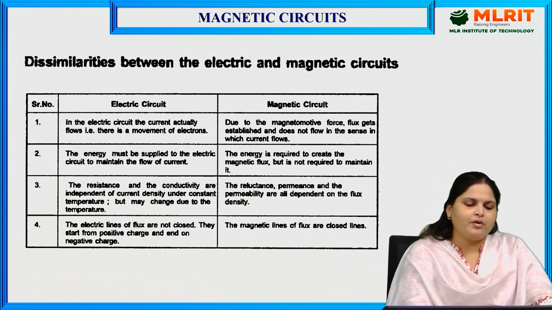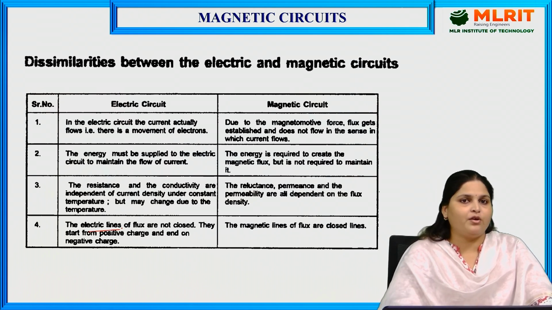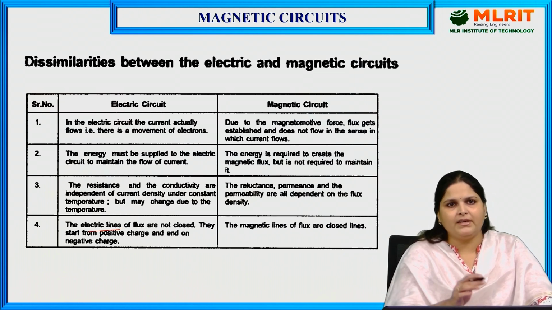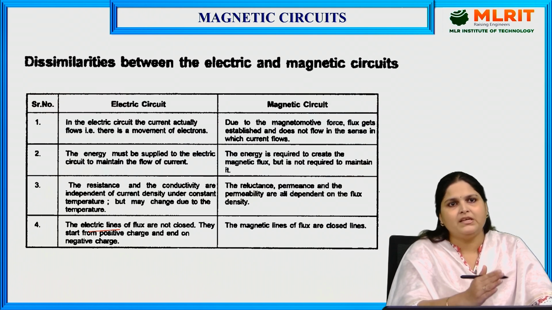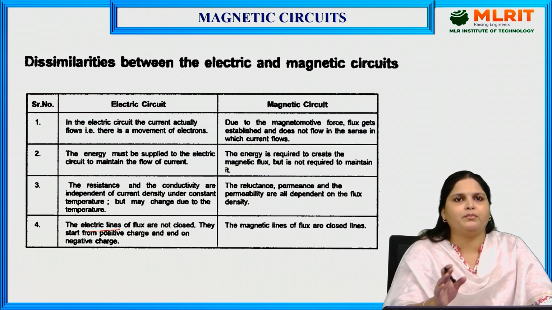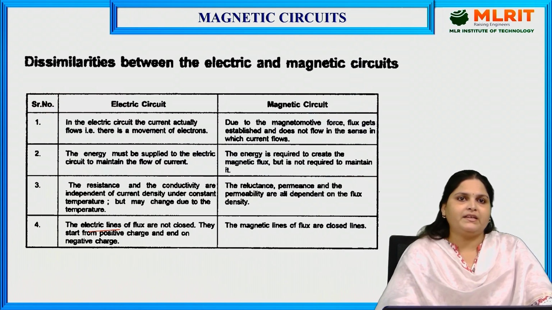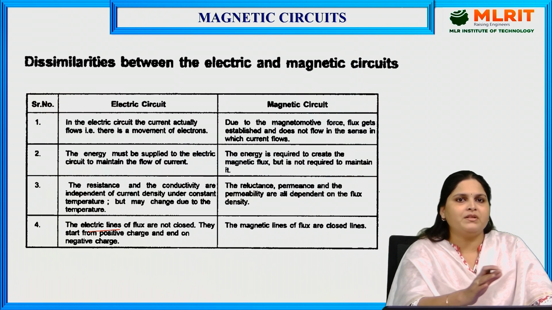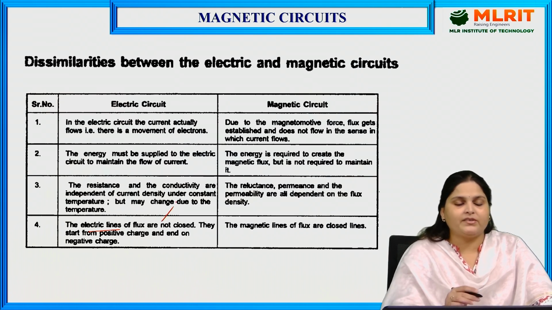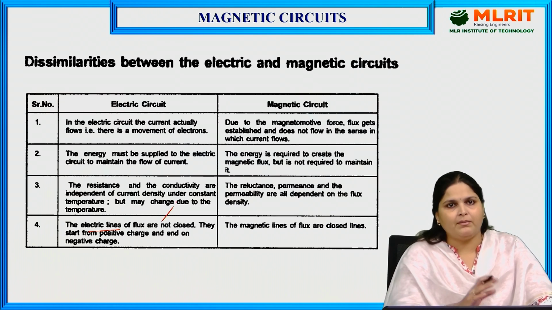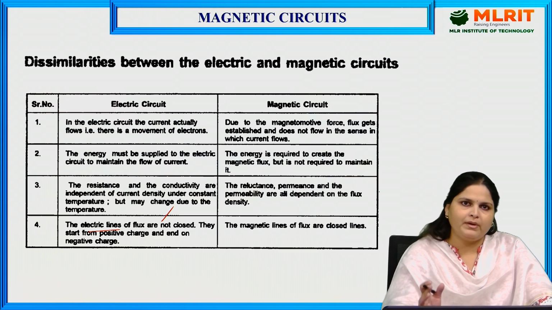Now, electric lines of flux are not necessarily closed, right? They start from a positive charge and terminate on a negative charge. If a negative charge is not found nearby, they terminate at infinity. So it is not compulsory that electric lines of flux will be closed. They may be open, right?